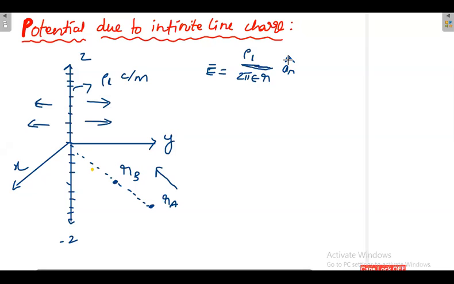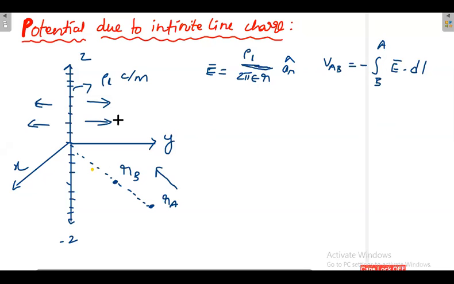Now if I want to calculate VAB, which means the potential difference between the points A and B, the formula is minus integral from the initial position to the starting position. I am moving from B to A, so minus integral B to A, E dot dl.